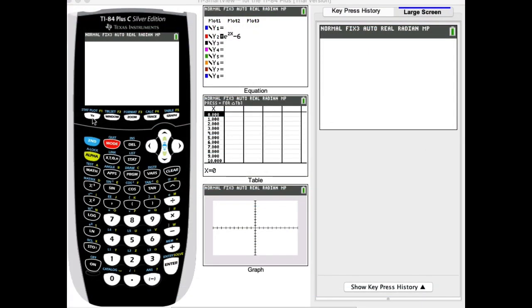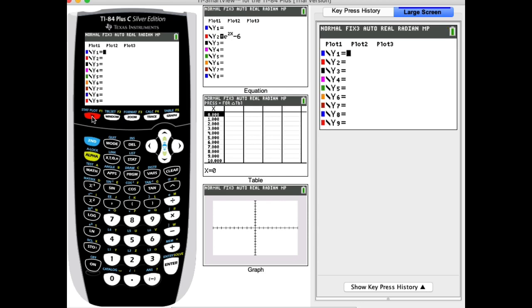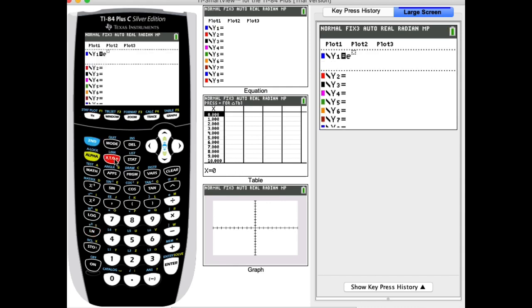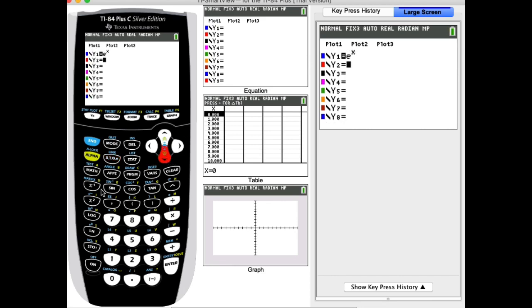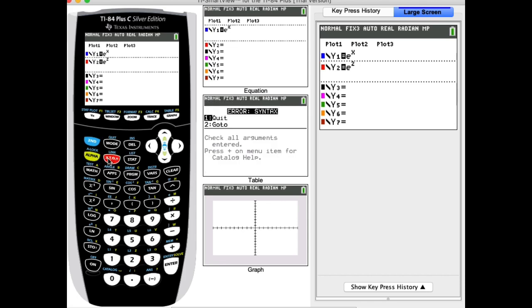Let's verify our answer with the help of technology, that is the graphics display calculator. First of all, press the y equal to button and enter the equations. The first equation is e raised to power x, and the next equation is e raised to power 2x minus 6, and then press graph.